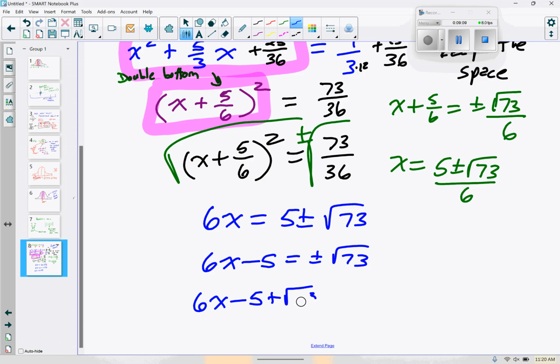I'm making up numbers just to confuse the heck out of everybody. There's one solution. Here's my second solution. Okay. That is ugly. But that is the binomials that you would multiply together to get our original equation, which was 3x squared plus 5x minus 4. Okay?